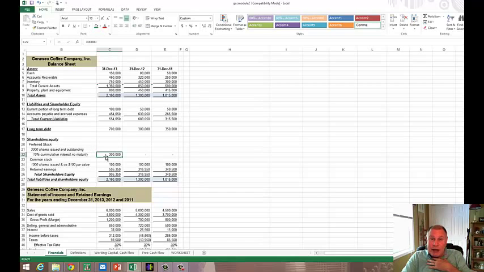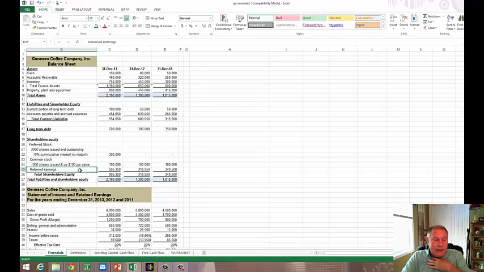So this is a quasi one here. Then there's common stock, and that's the ownership of the company, 100. And in this case, the next line is retained earnings. And this retained earnings is the earnings that the company has kept. It hasn't paid them out as dividends. So this is money retained.